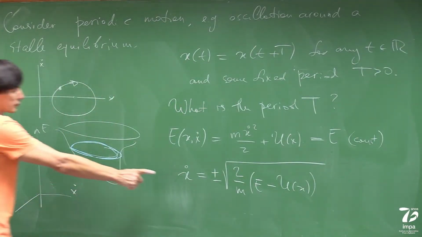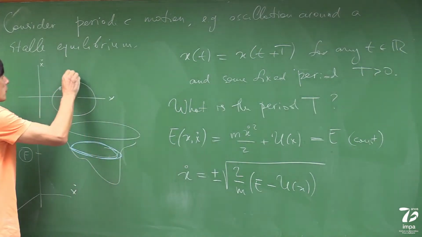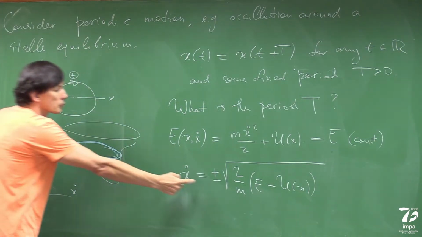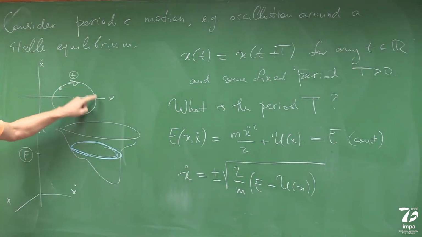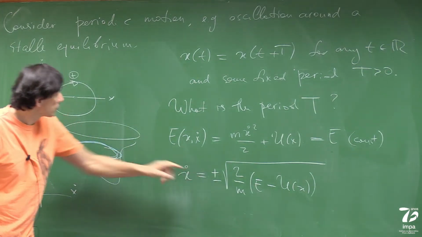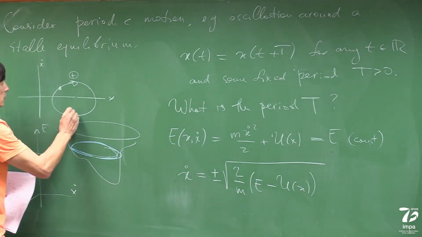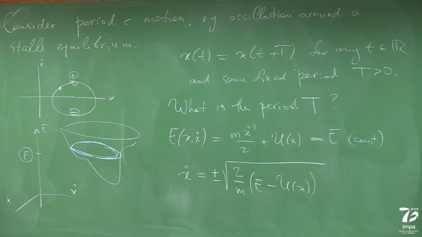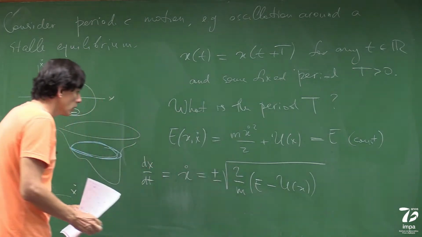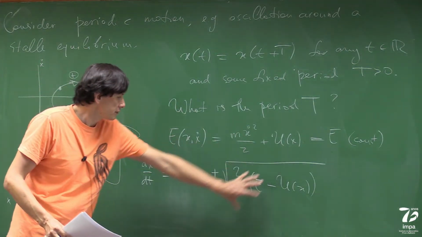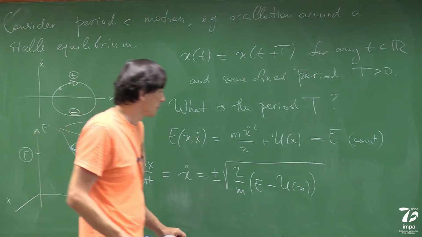So it's clear that velocity is positive here. This is exactly the formula for this curve. And you take plus on the upper side and minus on the lower side, just because x dot is positive here and negative there by definition. And then you can remember that x dot is dx dt. So we put dx on the other side and the square root below.